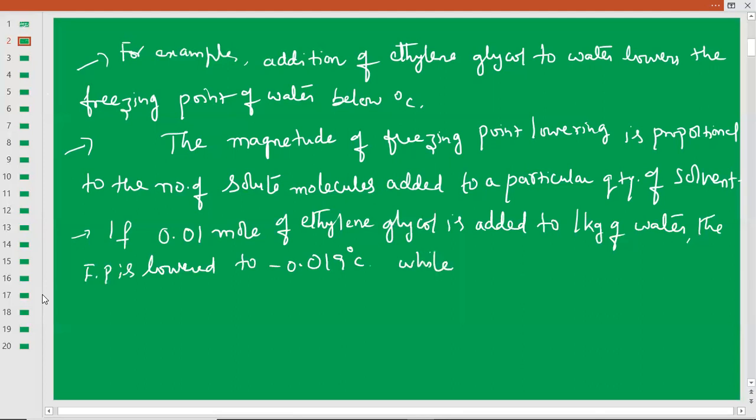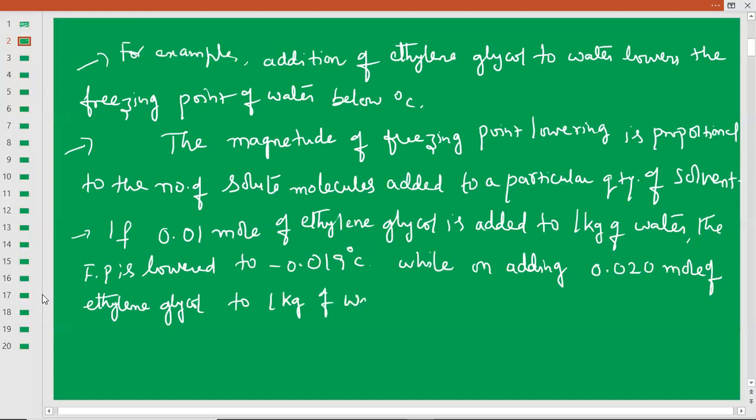But on adding 0.020 mole of ethylene glycol to 1 kilogram of water, they noticed the freezing point lowered to minus 0.038 degrees Celsius.